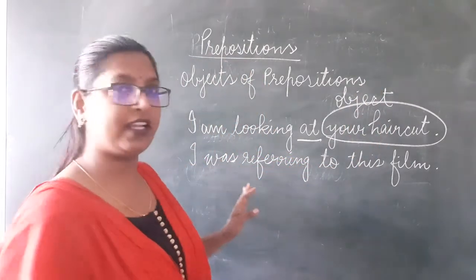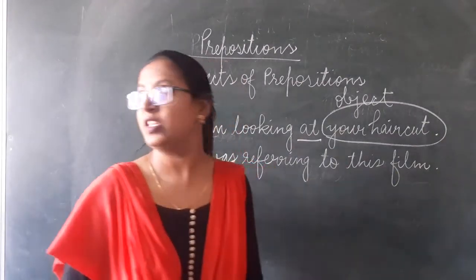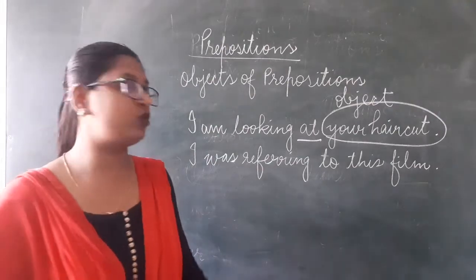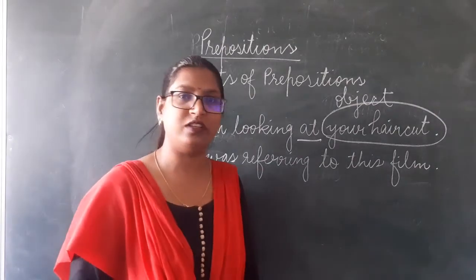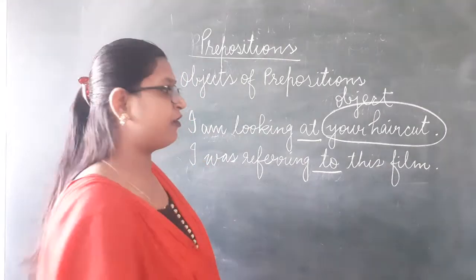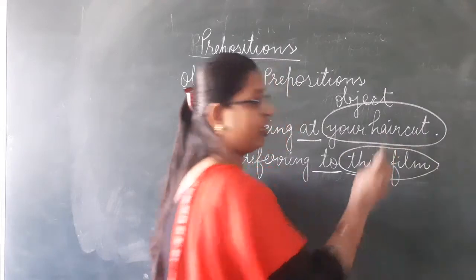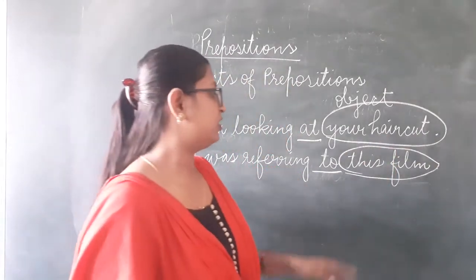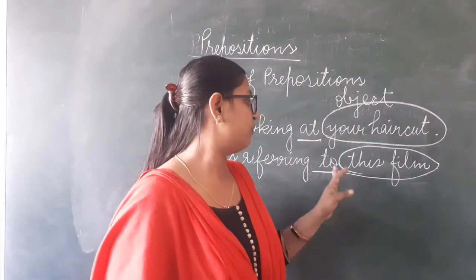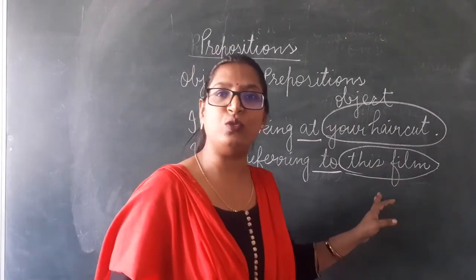Then next sentence, I was referring to this film. What is the preposition? To is the preposition here. I was referring to what? This film. So, this film is the word which has come soon after the preposition to.